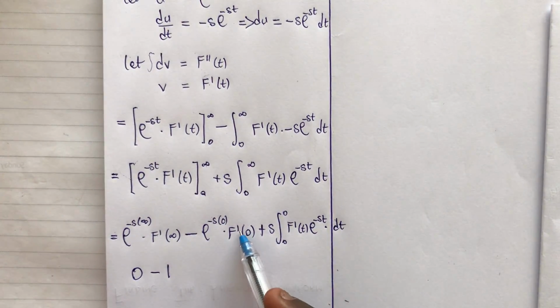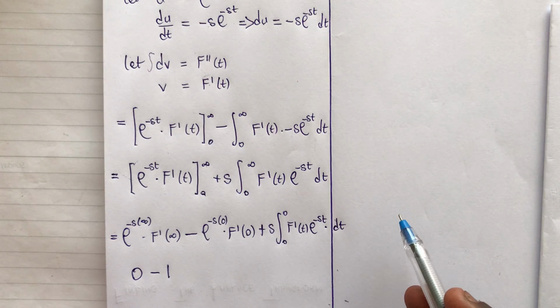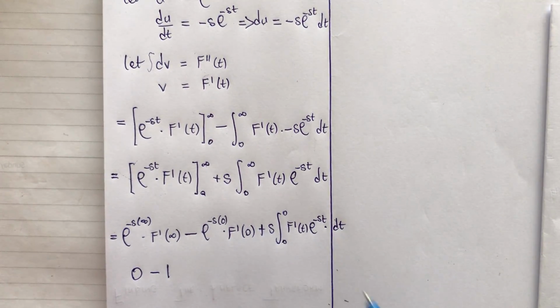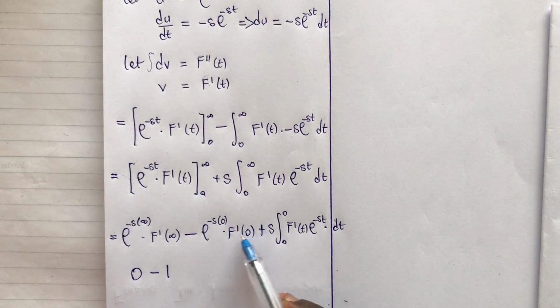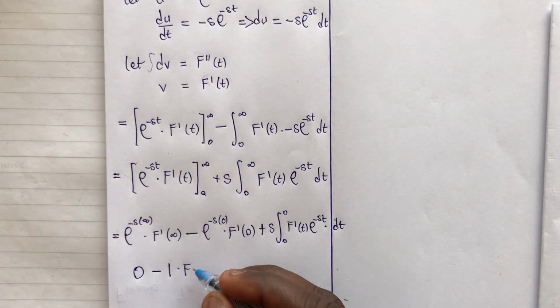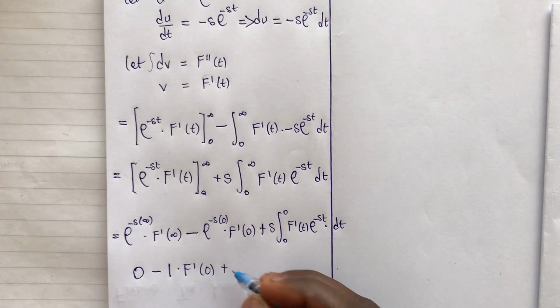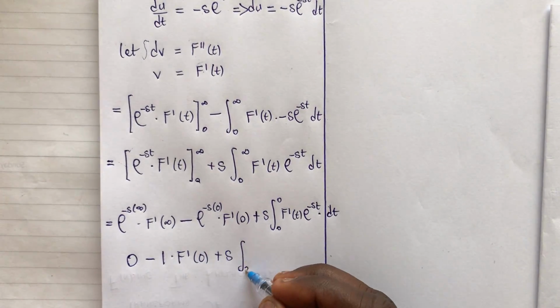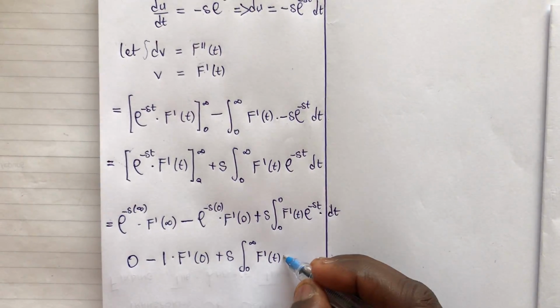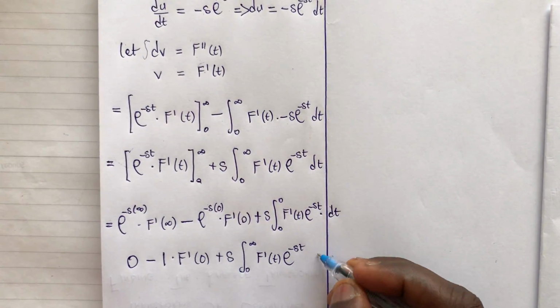But remember, f bar of 0 is not 0 because it is a derivative function when t is equal to 0. That is why I said you should look at transform of derivative. When t is equal to 0, this is the same as what? X naught. Okay, so we will apply that. So this times f1 of 0 plus s integral from 0 to infinity f bar of t e^(-st) dt.